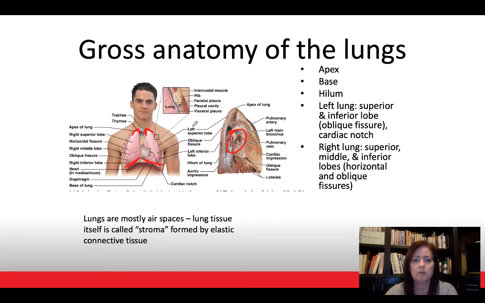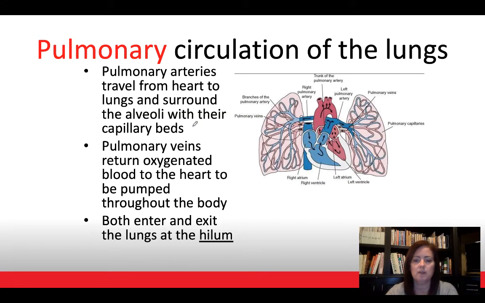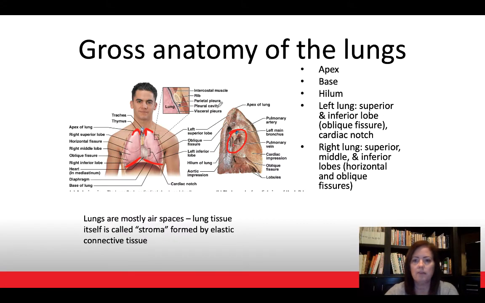Another thing too is the left lung has two lobes. If you look on here, we've got this lobe on top, which is going to be our superior lobe, and then another lobe on the bottom, which is going to be the inferior lobe. Separating the two is the oblique fissure.